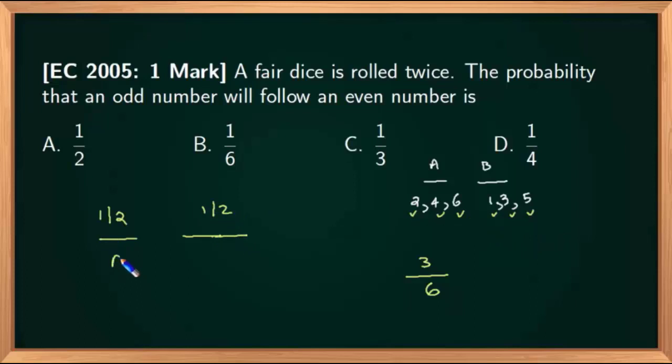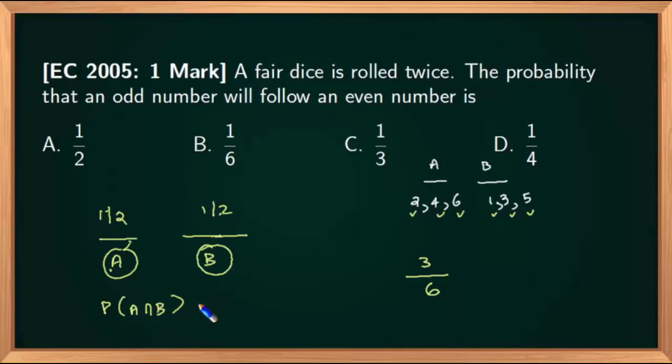Now this is the first roll, this is the second roll. I have to get the first roll as an even number and the second roll as an odd number. So I have to make sure that this happens and this happens, which means that I am going to take P of A intersection B, the simultaneous occurrence of event A, which means that in the first roll I get an even number, and event B, which means that I get an odd number.